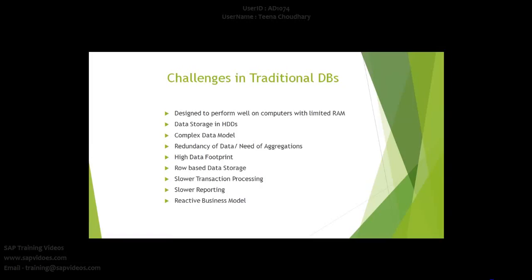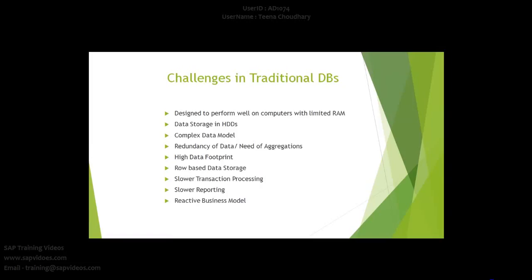So let's say today is the second day of a week, and out of the 5 days you have already done, let's say, 40%, but 60% of the time is in your hand, and you can make the analysis and do the corrections so that in this 60% of the time, whatever wrong things have been done are rectified and you are able to achieve the results not only in the next month, not only in the next week, but within the week also. And that is the reason it is called a reactive business model, which means the reports are available instantly, so you can take decisions faster and perform the corrections faster.